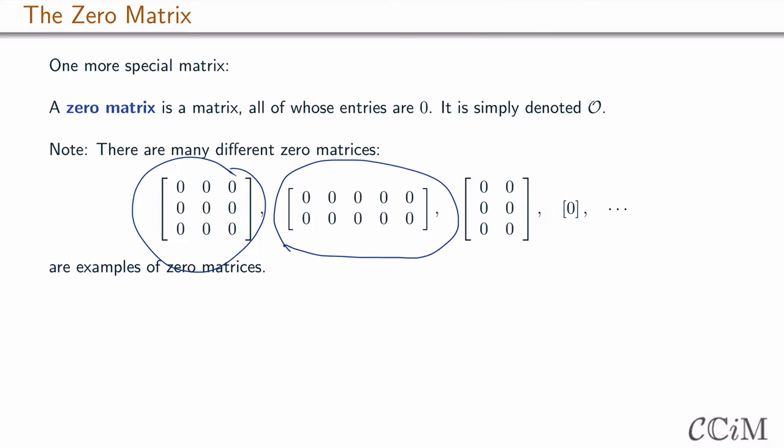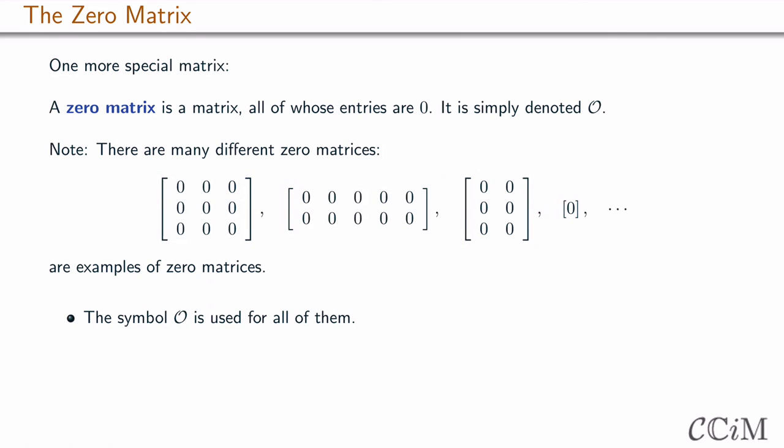It has 2 rows and 5 columns. It's also a 0 matrix. So is this one here with 3 rows and 2 columns, and so is this one with only 1 row and 1 column. All of these are examples of 0 matrices, and all of them are denoted by the same symbol 0. So the context has to tell you what size 0 matrix you're actually talking about.